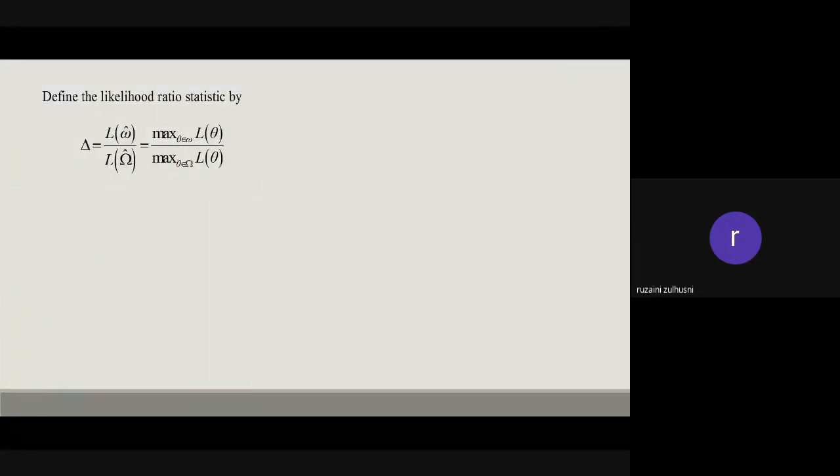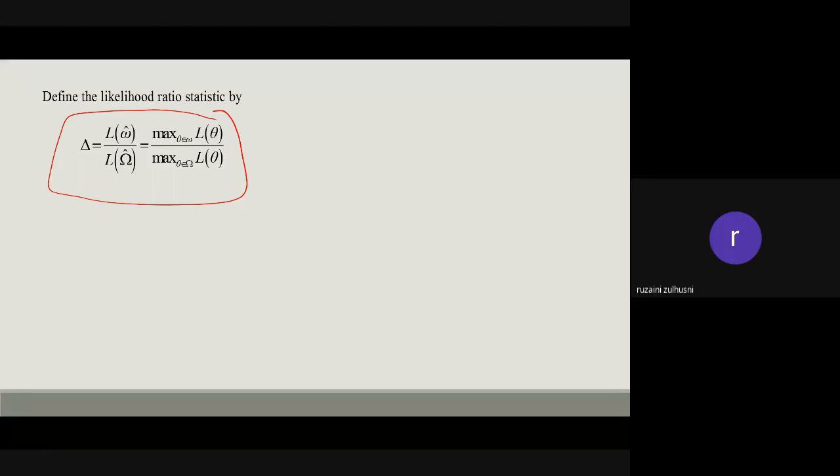What is the meaning of the likelihood ratio statistic? Let's say we use a symbol, I'm not sure what to call this one, a triangle. So you have the likelihood small omega hat over the likelihood for large omega hat.